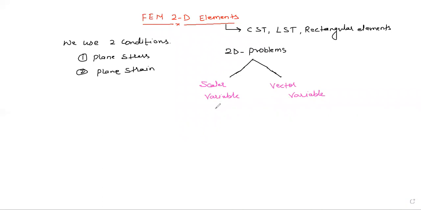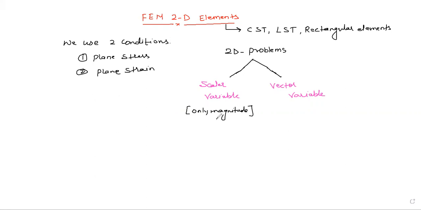A scalar variable problem means the problems related to scalar quantities. So problems related to a scalar quantity means what? The quantities which have no direction, only magnitude. If they are asking you to find some quantity which has only magnitude, no direction, then that problem is called a scalar variable problem.